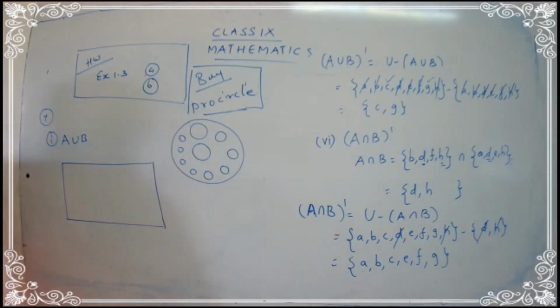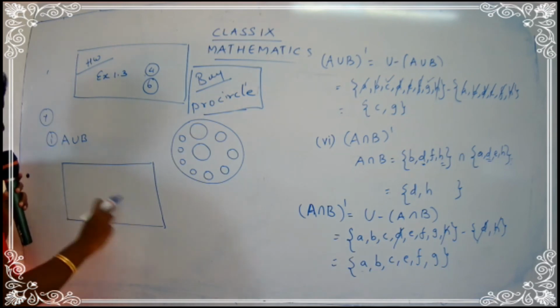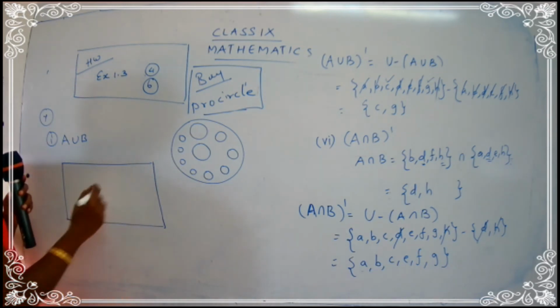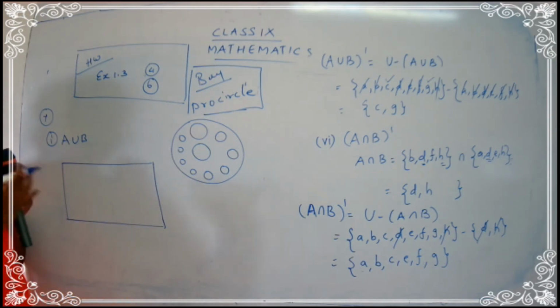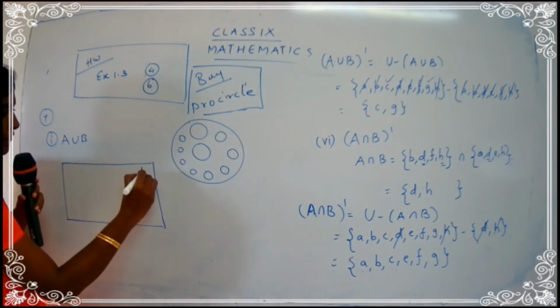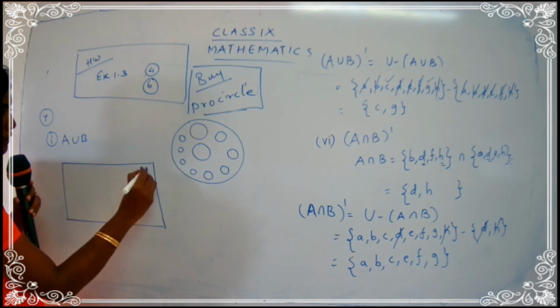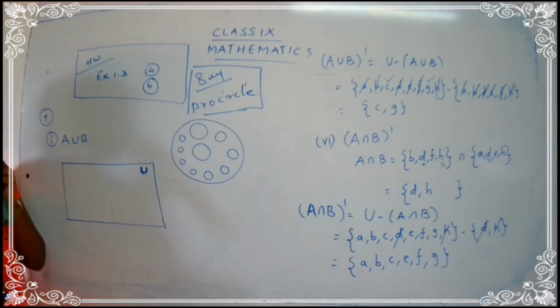Okay, so now let's start with the first subpart. It's A union B. Whenever you draw a set, first of all you have to draw a rectangular box. Don't draw very big, don't draw very small. Try to draw a medium sized box. In the corner you have to write U, that means a universal set. In the question, they have told you that A and B are the overlapping sets, and U is the universal set.